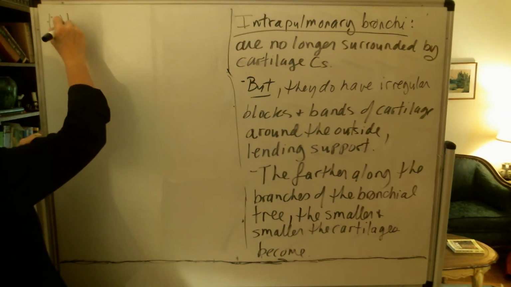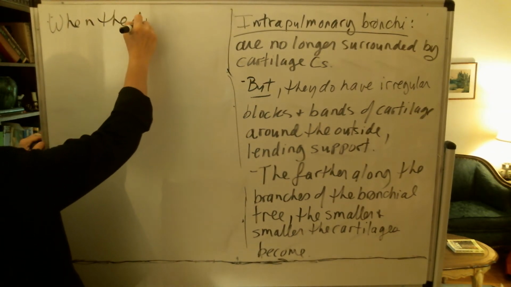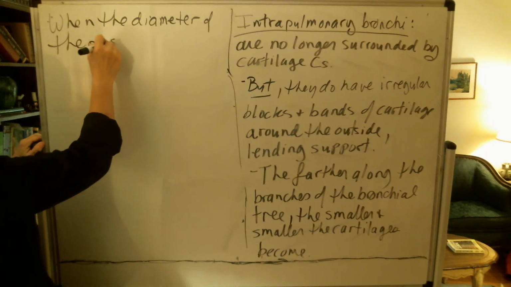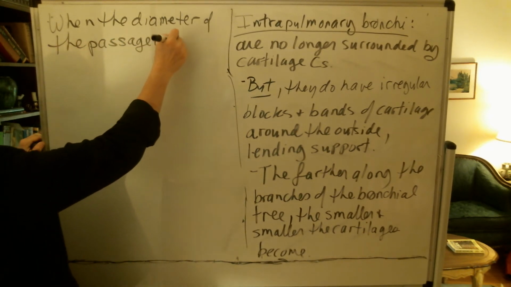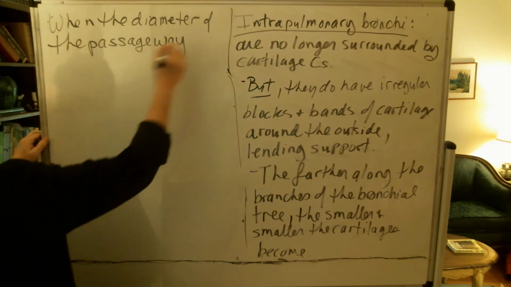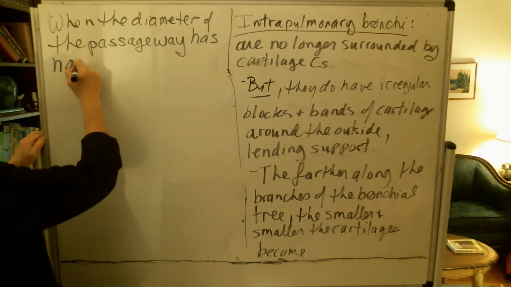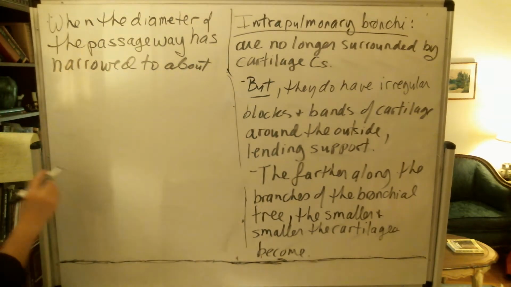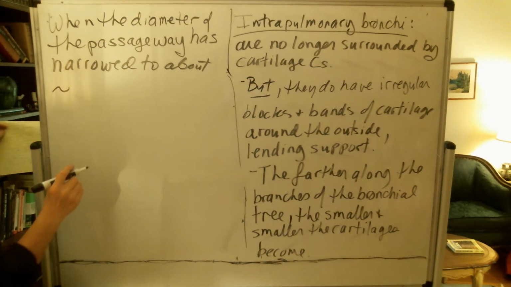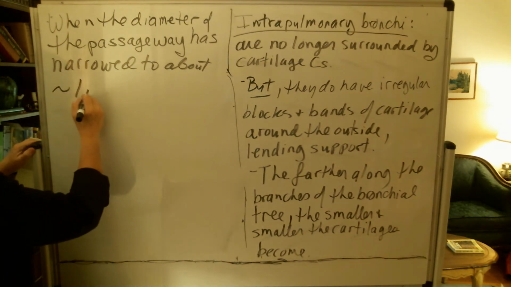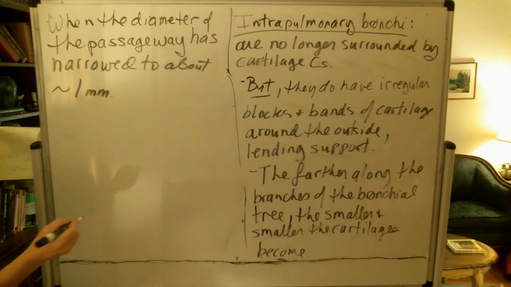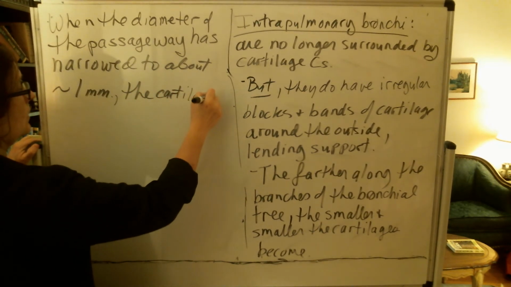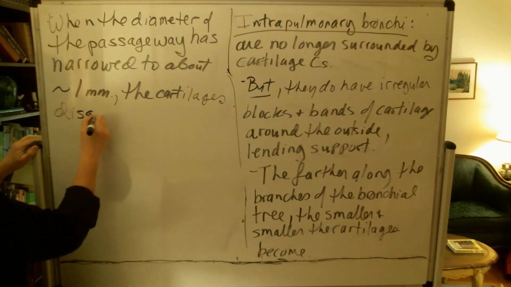So when the diameter of the passageway has narrowed to approximately 1 millimeter, the cartilages disappear.